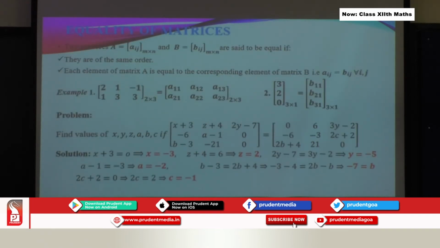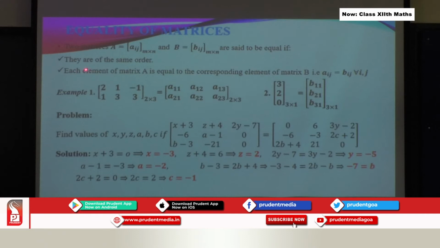Let's go to the next concept, equality of two matrices. Now here two matrices, A with elements Aij, the order is m cross n, and matrix B with elements Bij, the order is m cross n, are said to be equal if they satisfy these two following conditions.